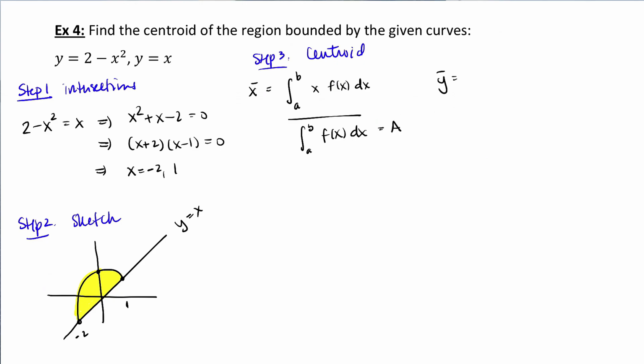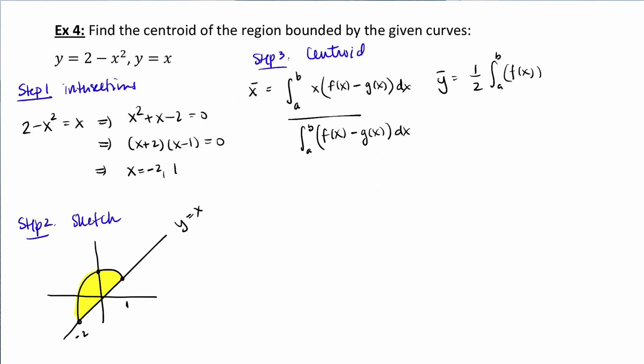And then the y coordinate is equal to 1/2 the integral from a to b of f of x. And I'm lying, right? I have two curves here, but you see how this just extends to what we're doing. So here, instead of f of x, it's f of x minus g of x dx. And the area is the area in between my f of x and g of x, which we know. I'm assuming that f of x is on top, so f of x minus g of x dx.